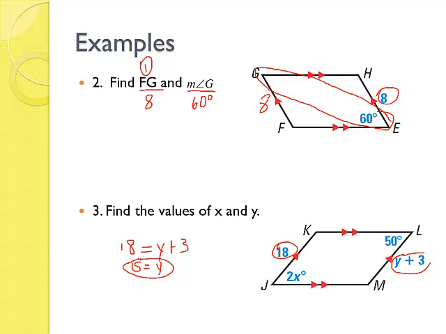Again, opposite angles are congruent, so 2x is equal to 50. Solve, and you get x equal to 25. Not 25 degrees, but 25. When you plug it back in for x, that gives you the measure of 50 degrees for your angle.